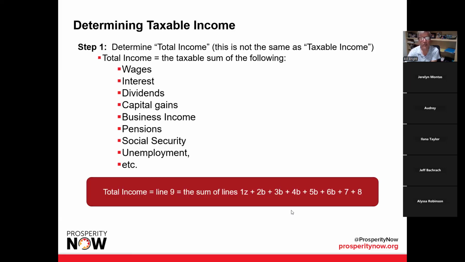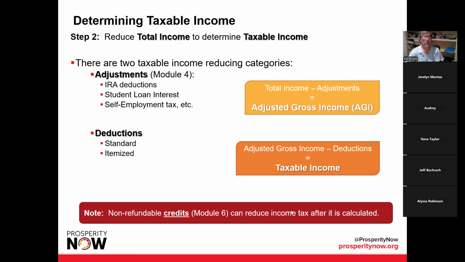So again, all the income that's taxable that we see: wages, interest, dividends, cap gains, personal income, business income, pensions, Social Security, unemployment, etc. Remember, the types of adjustments that we generally see in VITA are things like student loan interest, teacher expenses, maybe alimony, very rarely an IRA deduction.